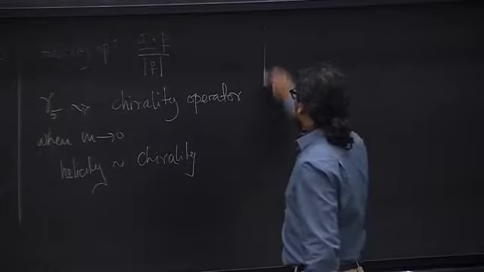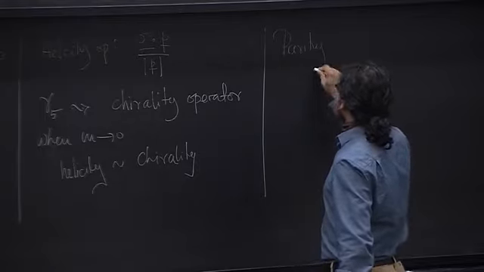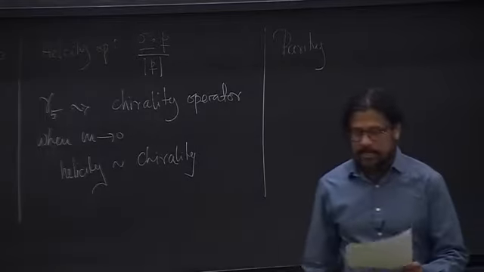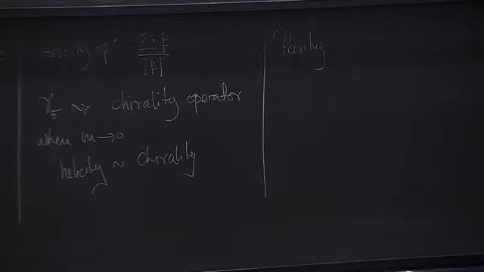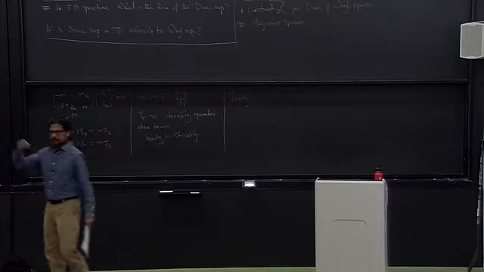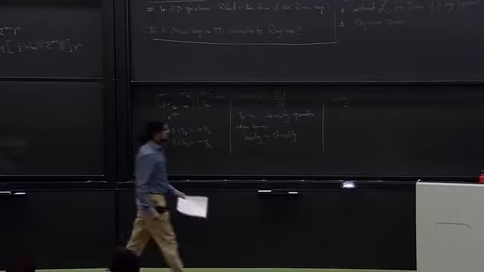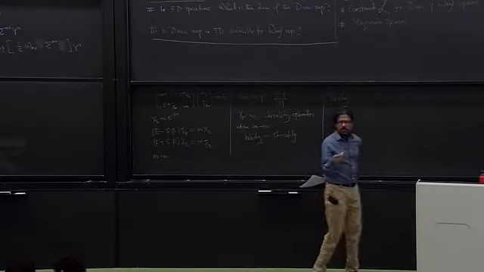Now, under parity, the helicity of a particle flips. There is a physical example that I give in my notes using a mirror. Parity is actually just reflection plus a rotation.